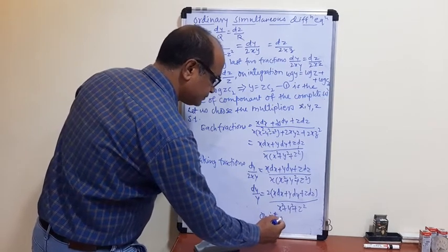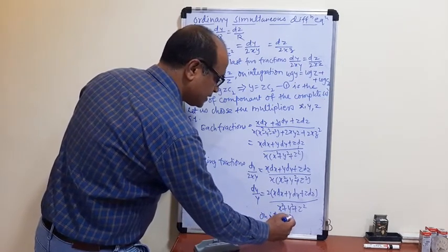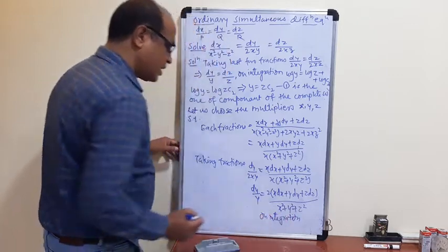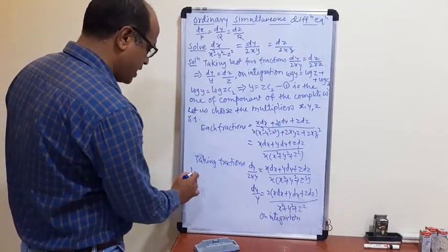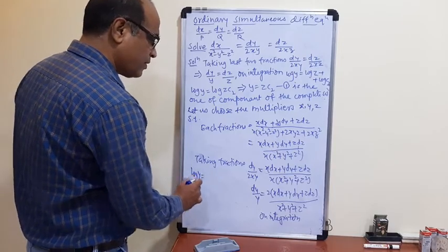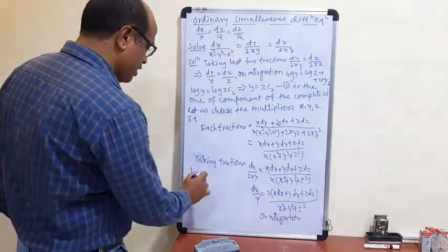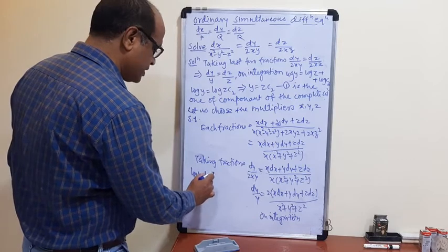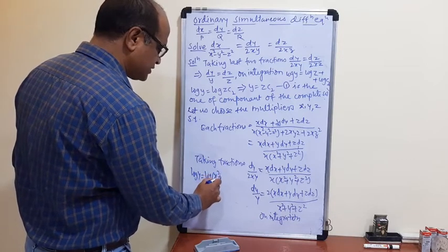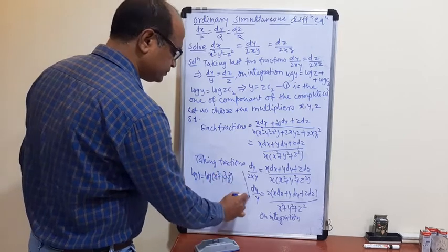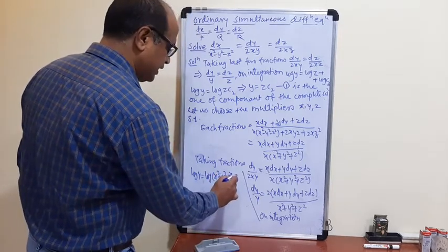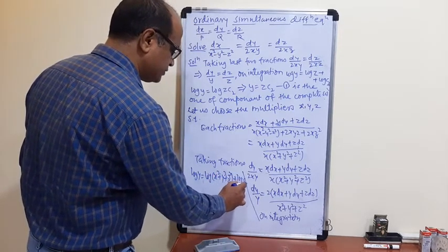What is the integration? The integration of this is log y, and the integration of this is log of x square plus y square plus z square, plus integrating constant log C2.